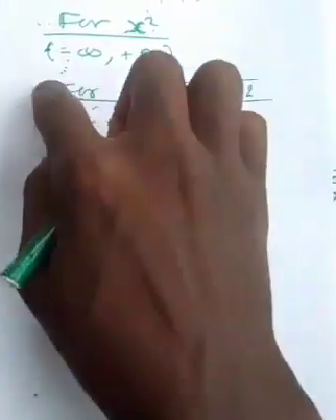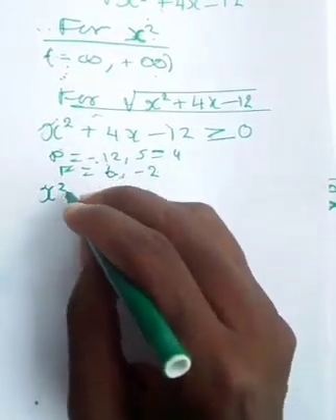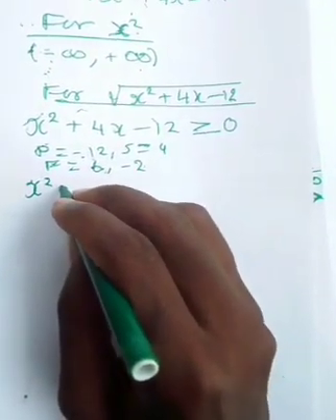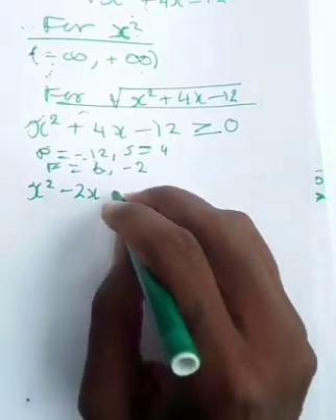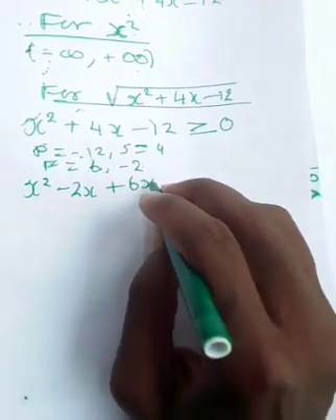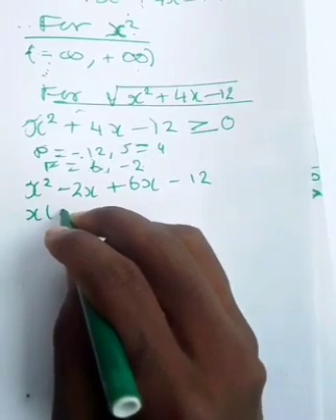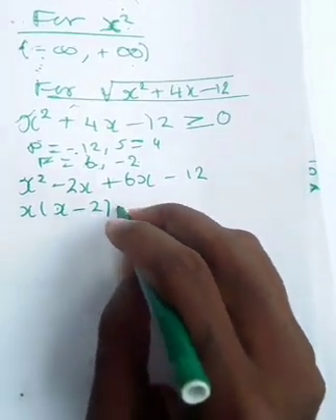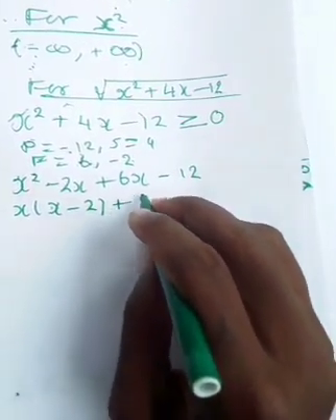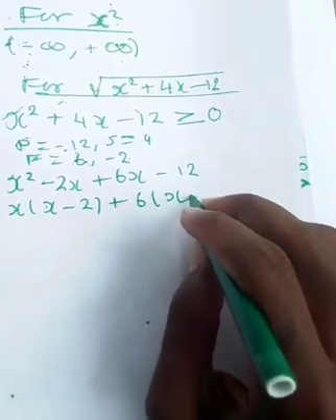Okay, so we have x power 2 minus 2x plus 6x minus 12. Factor out x, we remain with x minus 2 plus 6 times x minus 2.